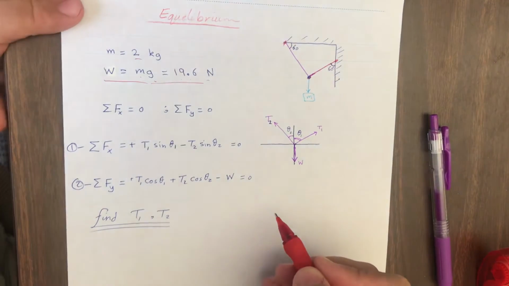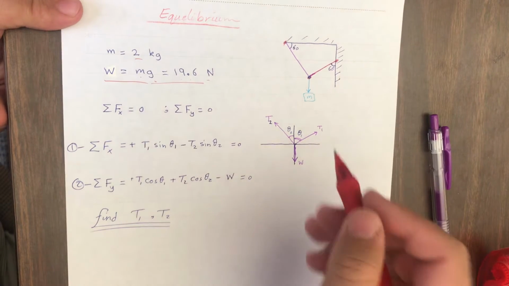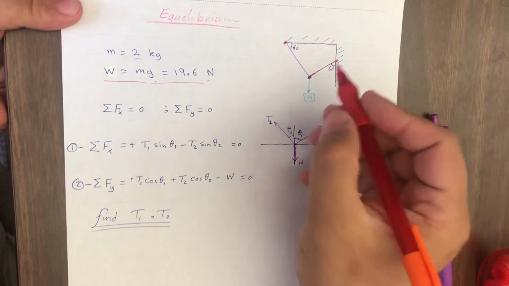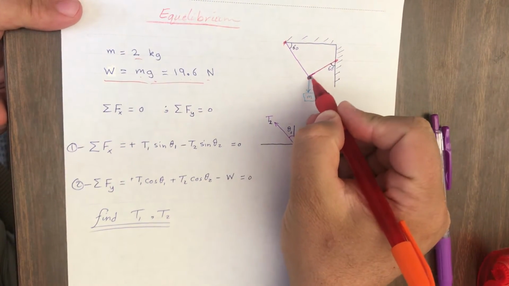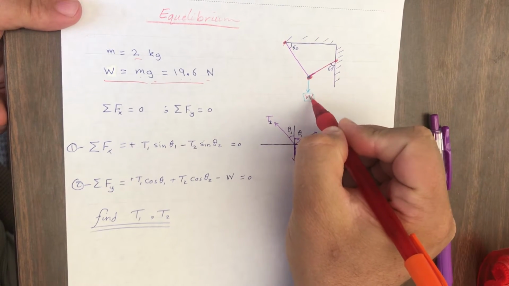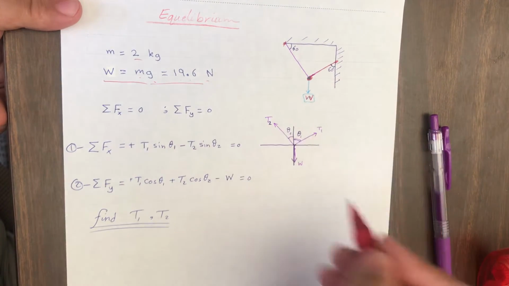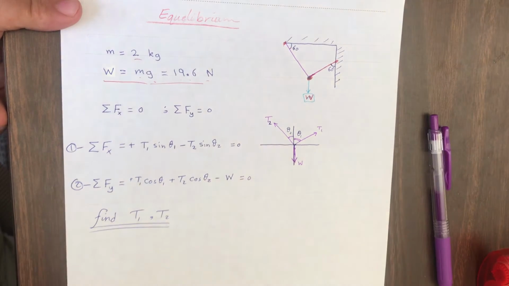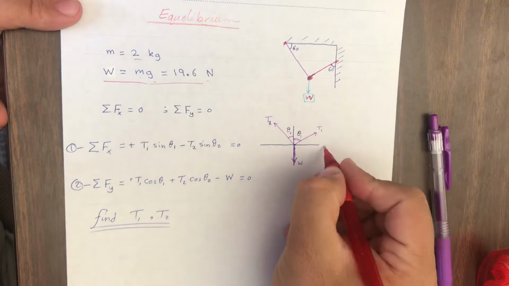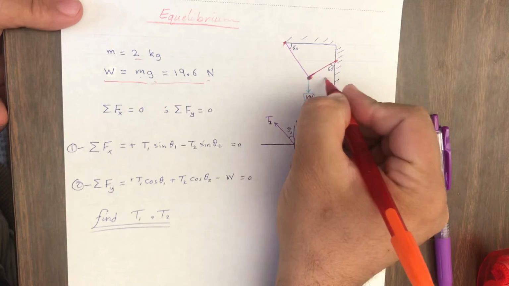Because we have equilibrium now, the total forces acting at this point on this mass is equal to 0. This is the weight in this direction. We need to consider our xy plane. This is x and this is y, like this.